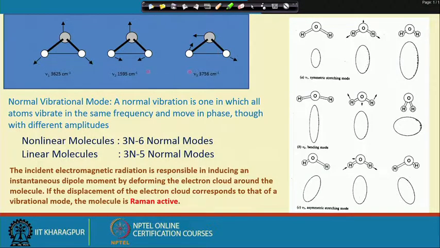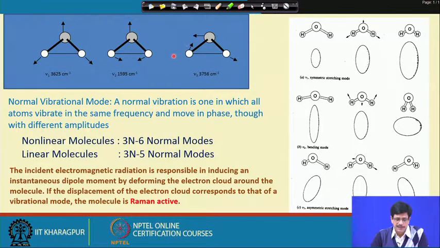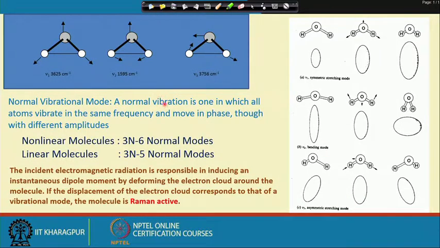So, when we look at any molecule like this, we think of what we can call a normal vibrational mode. A normal vibrational mode is one in which all the atoms vibrate at the same frequency and move in phase, even though their amplitudes could be different. Now, there is a simple thumb rule adopted here.